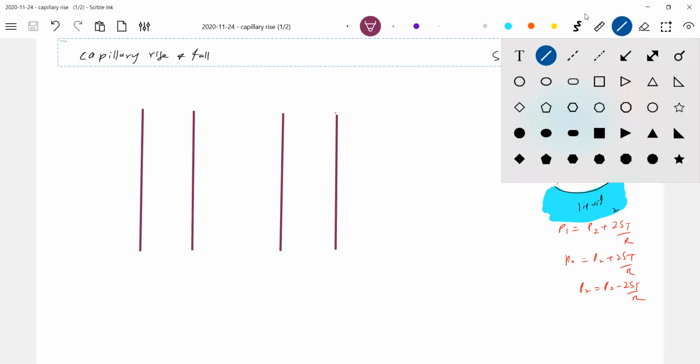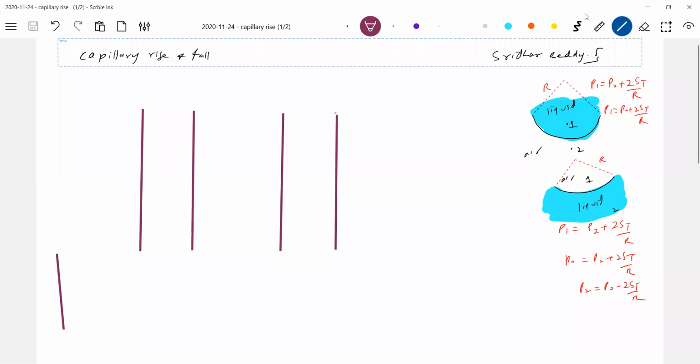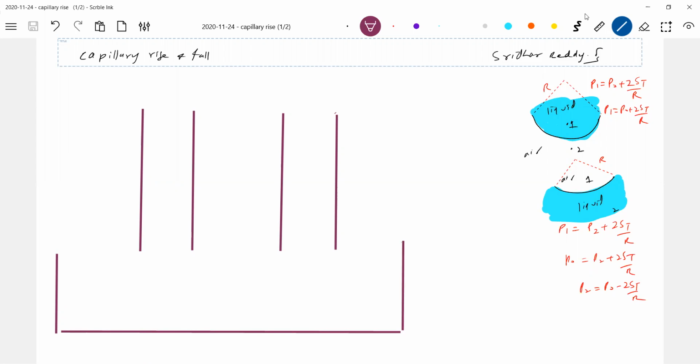It is immersed in a container. Okay, everything is liquid.